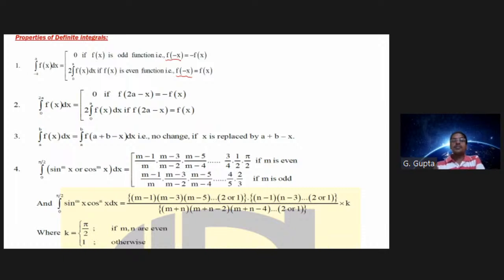See, f of x equal to mod x, k constant, x square, cos x, cos hx are even functions.